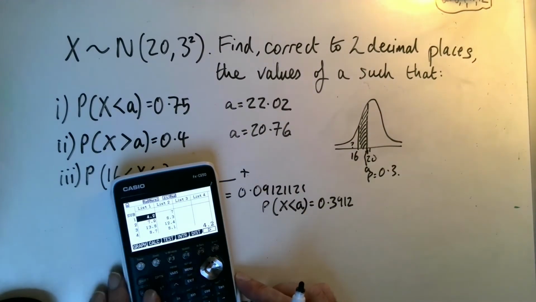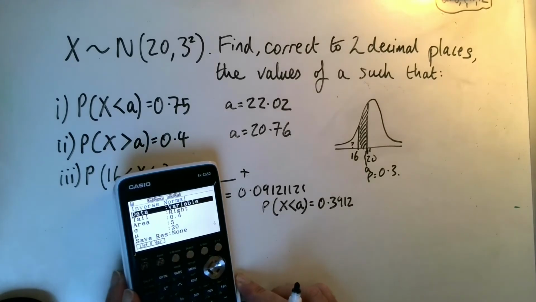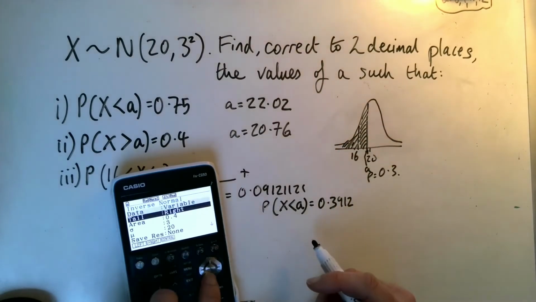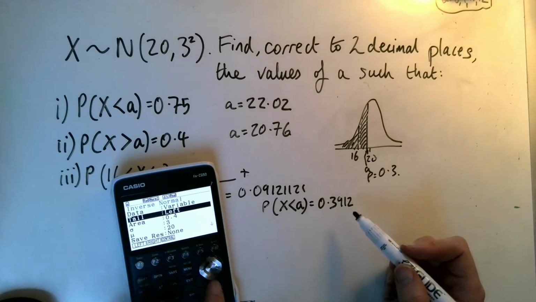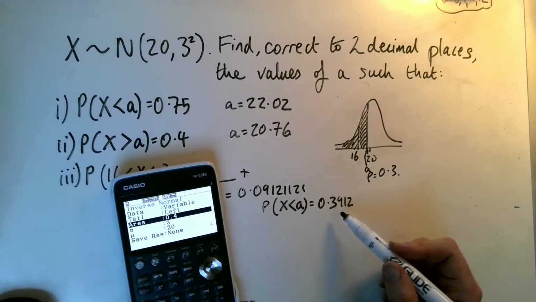And then we can use that going back to normal and inverse, and we want not a right but a left tail here. Where's left? There's left. The area this time is 0.3912.